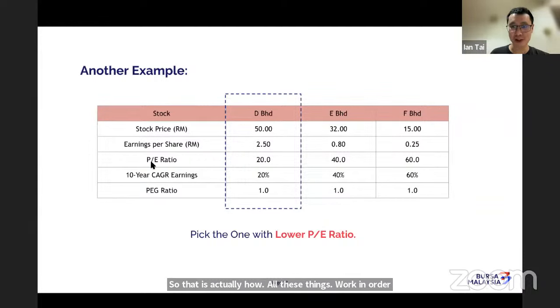So you can see that the profit pattern looks something like this. It grows its profit, declines profit, grows profit, declines profit, declines profit, grows, declines, grows, loss, profit. This kind of stock, no way you can calculate CAGR.